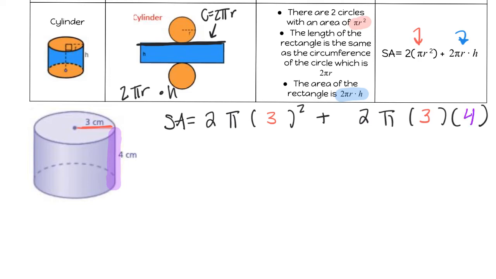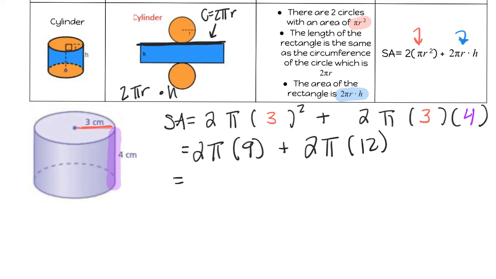So this is 2 times pi times 3 squared, which means 3 times 3, which is 9, plus 2 times pi times 3 times 4, which is 12.